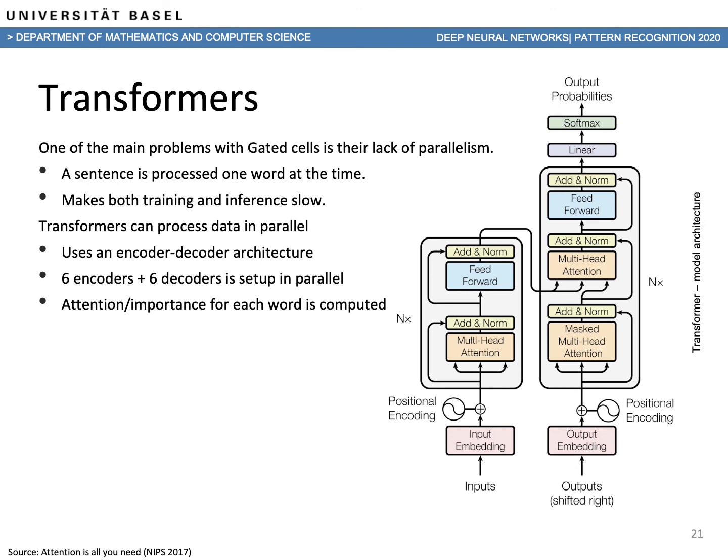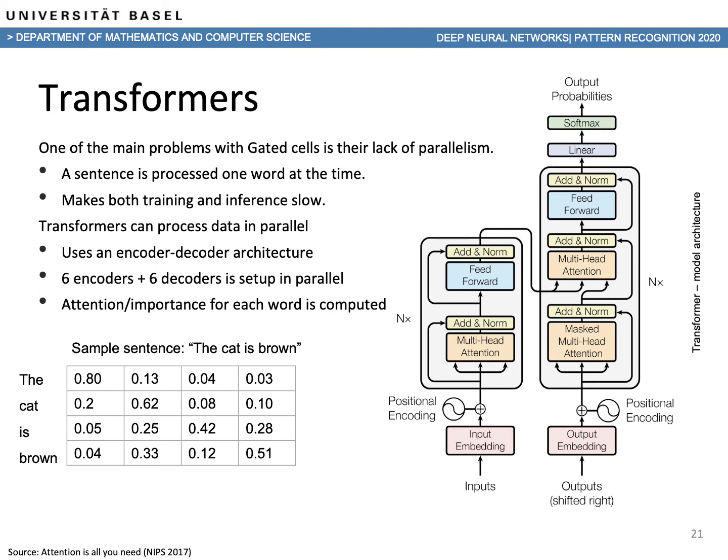So here is the transformer model architecture, which we'll just briefly be touching upon. A sample sentence could be "the cat is brown", which would then have some attention here. What we're looking at is the average attention vector over n parallel systems, where n in the original paper was set to 6 encoders.